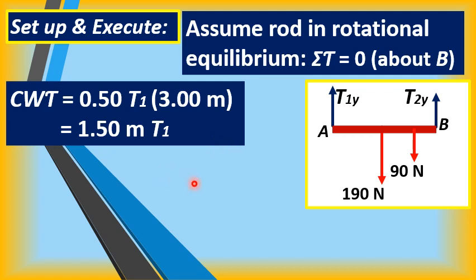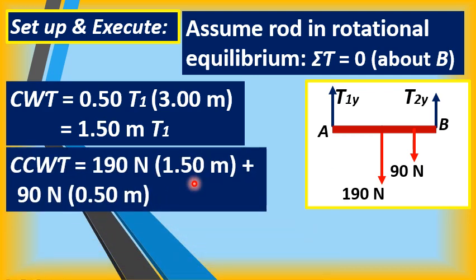And similarly, the two other forces, 190 newtons and 90 newtons, each of them will also have a corresponding torque relative to the axis of rotation. You can figure out that the 190 newton force will cause a counterclockwise torque.